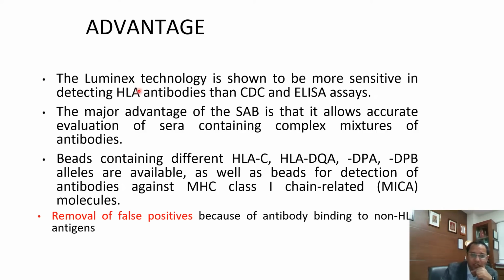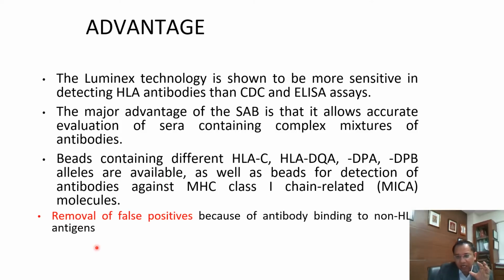So what is the advantage of Luminex? Luminex technology is shown to be very sensitive, especially when you compare it to other assays like complement dependent cytotoxicity and ELISA assay, and it allows you to accurately evaluate sera containing a complex mixture of antibodies. So you may have multiple antibodies, but you can detect to the level that you can say against this antigen this antibody is made.